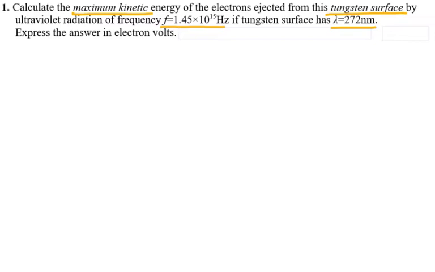So you know that the energy of the photon is h times the frequency of the photon, and that is equal to the work energy plus the kinetic energy of the electron that's being ejected. So the frequency of the photon is given. They ask me to find an answer in electron volts, so I have to plug in my Planck's constant in electron volts. At first, I'm going to rewrite the equation with all the known variables that they give me.